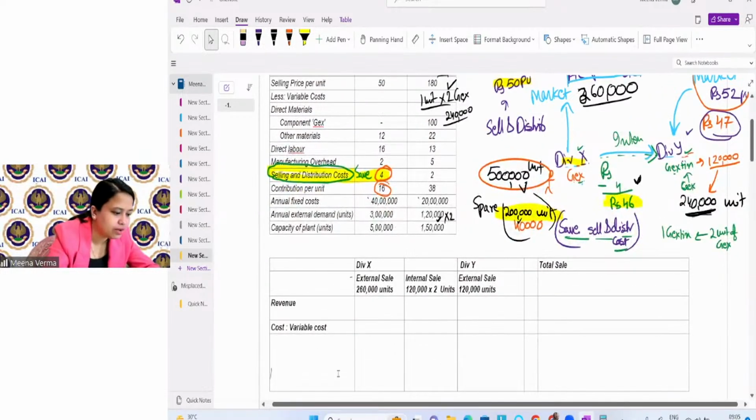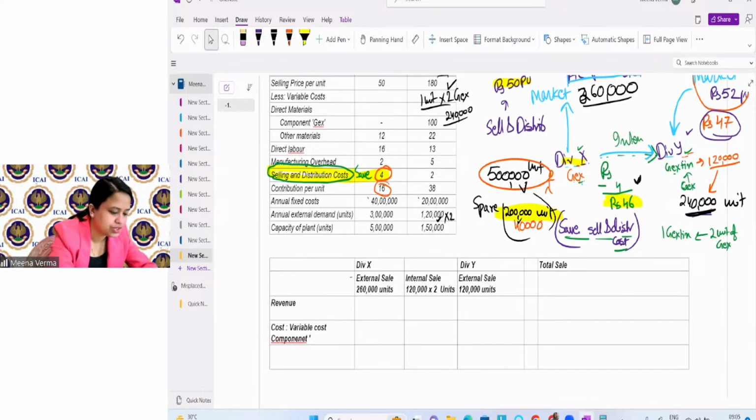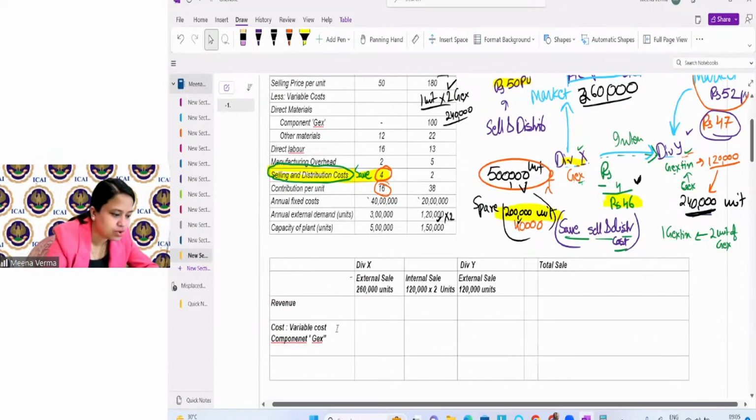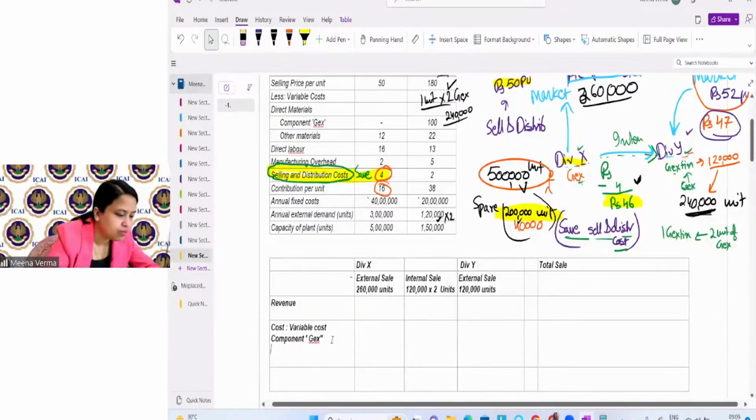So here we have material cost, component X. Whatever the transfer price will be, that is the cost for component X. What do we have here?